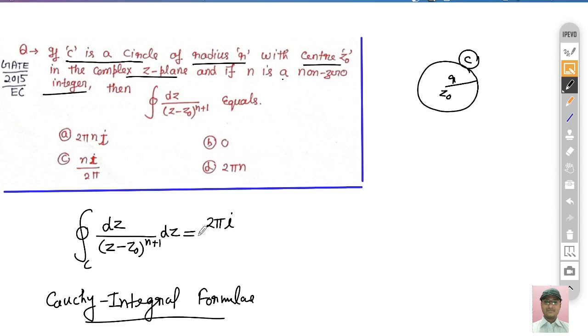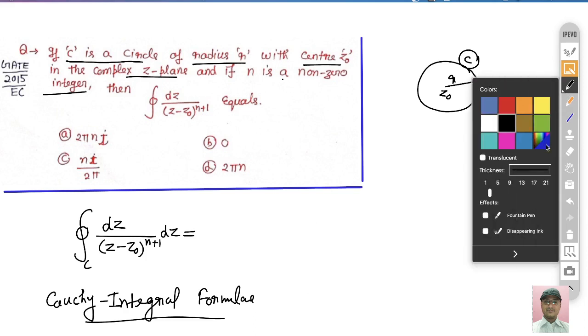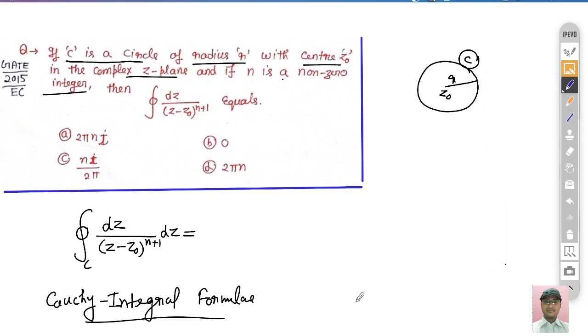First we just write the general form and then put in the values. So first we write the general form and compare with that one. Here the general form is the integration of f(z) dz upon (z minus z naught) raised to the power n plus 1, dz.